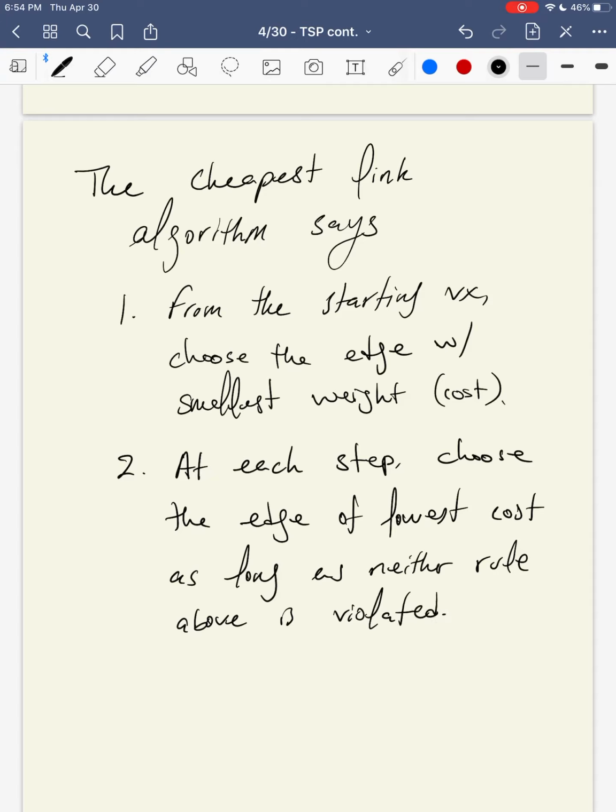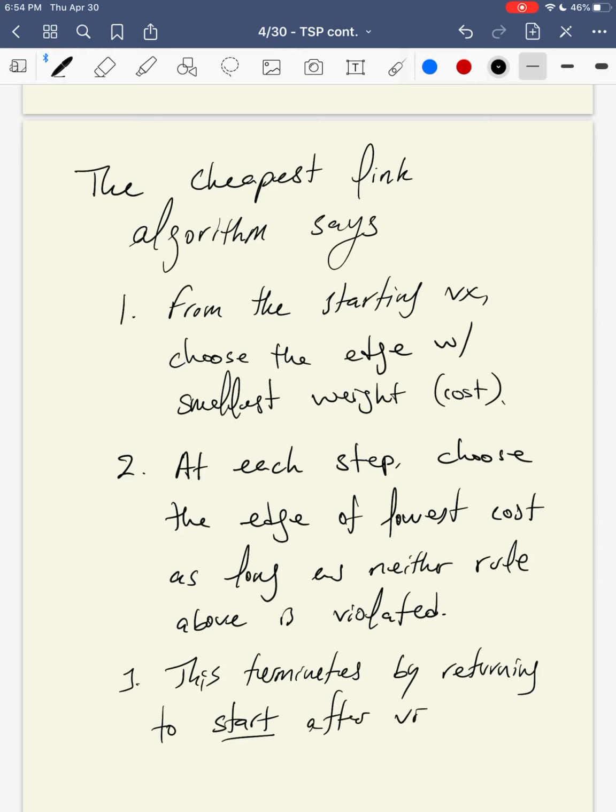And that's it. 3, this terminates by returning to start after visiting the last vertex.